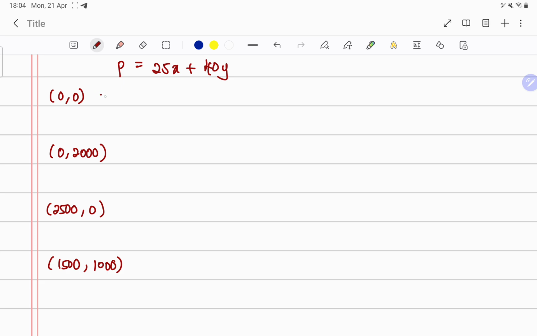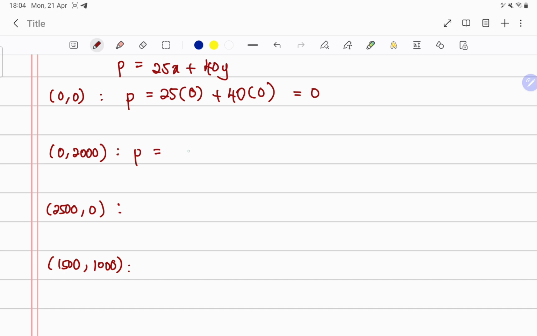So take that equation just now. What you need to do is find the profit here. Substitute inside equation P. So P is equal to 25 multiplied by 0, which is our x equal to 0 for this coordinate, plus 40 multiplied by 0, you will get 0.